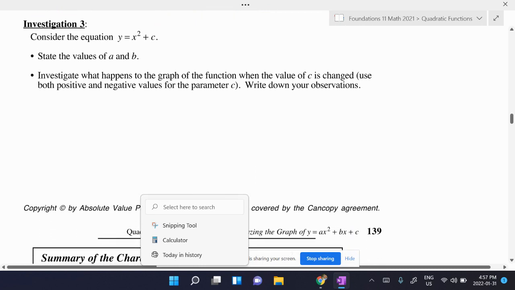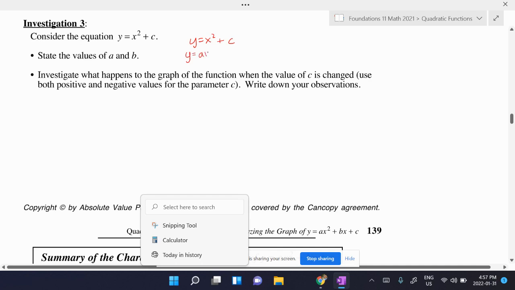Okay, investigation number 3. So y is equal to x squared plus c. I put this into ax squared plus bx plus c. Plus c is here. Plus bx has disappeared. So that means that we have to make b equal to 0. And then again, a is going to be equal to 1. 1 times x squared is x squared.